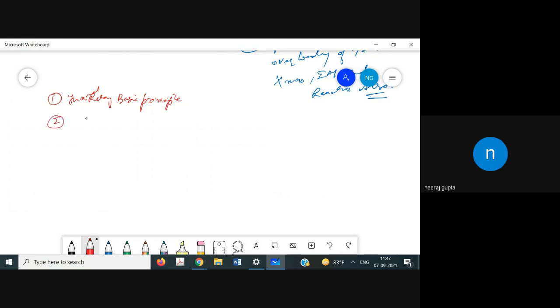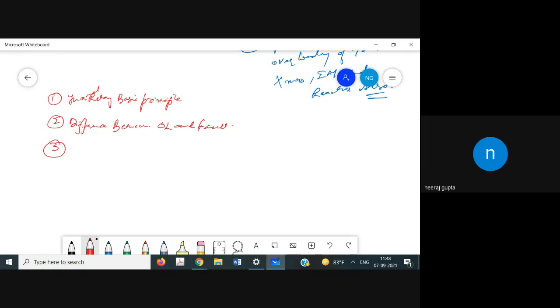Now, the second is that what is the difference between overload and fault? So, what might be the difference between this overload and the fault?